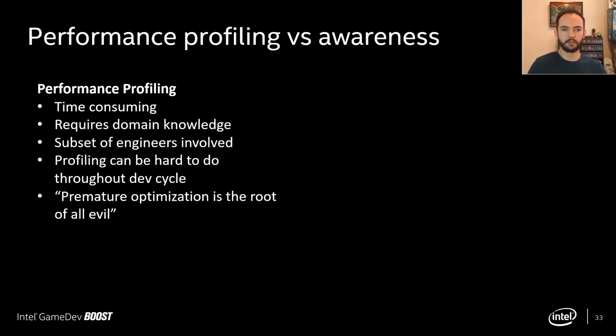And these people are usually not full time doing performance analysis, right? So you may not have the bandwidth to do this kind of stuff, especially if you add the permutation of testing on different hardware with different graphics settings. That tends to push this type of performance analysis all the way to the end of the development cycle.